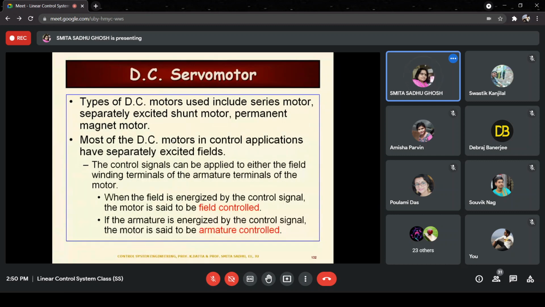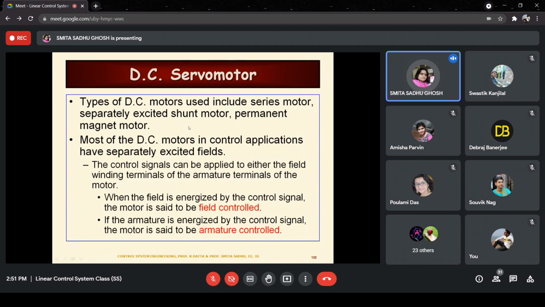Now, coming to DC servo motors. There are basically different types of motors which are used for servo mechanism applications. They are used as servo motors: series motors, separately excited motors, shunt motors, permanent magnet motors, or of course motors which do not have a permanent magnet.